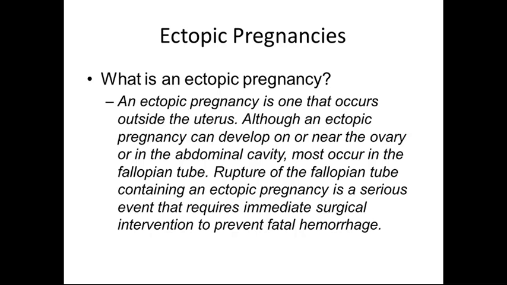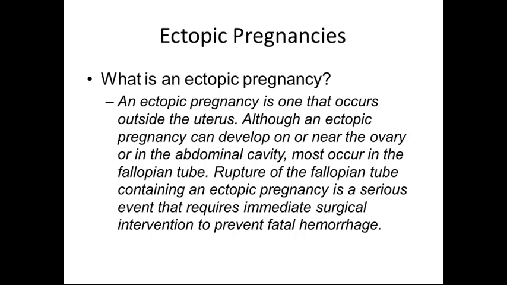Ectopic pregnancies. An ectopic pregnancy is one that occurs outside the uterus, although an ectopic pregnancy can develop on or near the ovary or in the abdominal cavity. Most occur in the fallopian tubes.